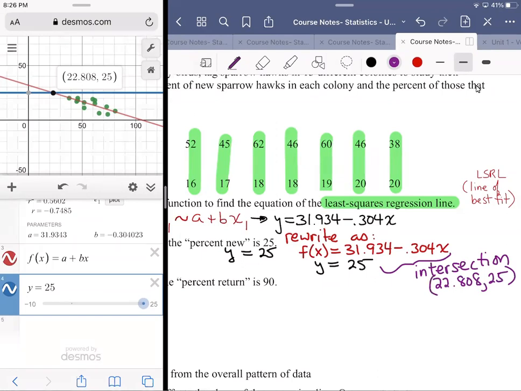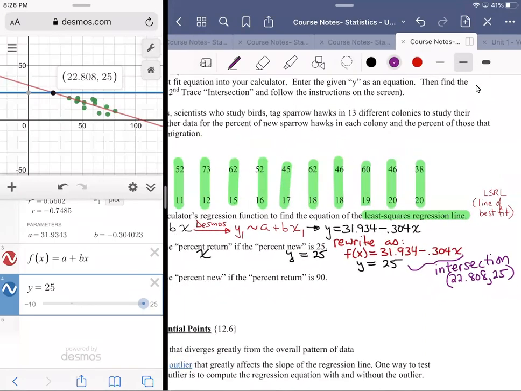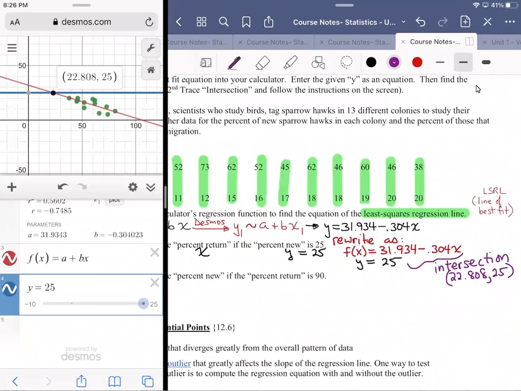Well, I already knew the y value would be 25. That's what I put in, right? So what I get here is the x value. They said find the x value. That tells me that x equals 22.808, which means that that's what the percent return is going to be.